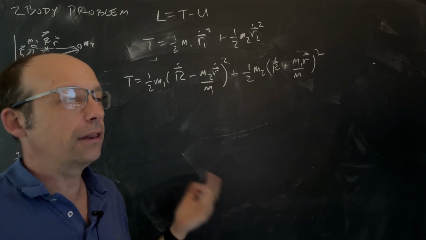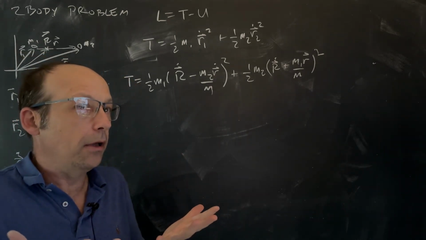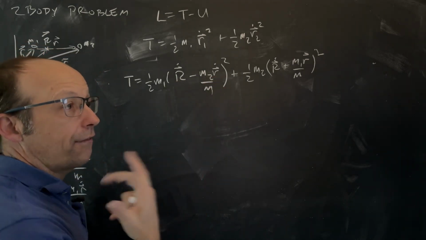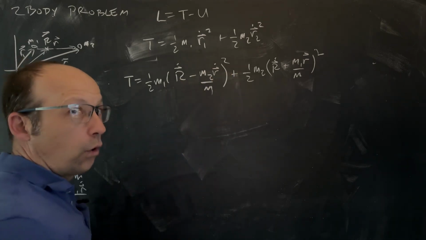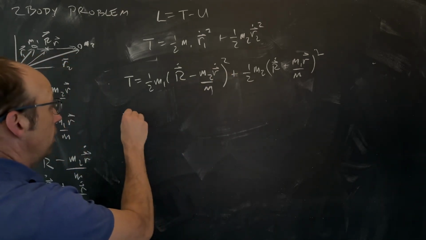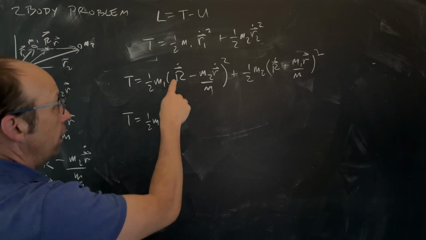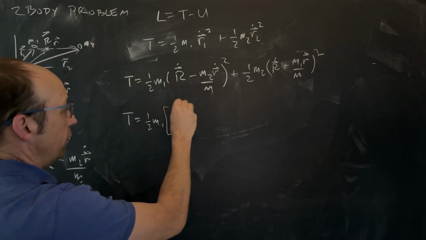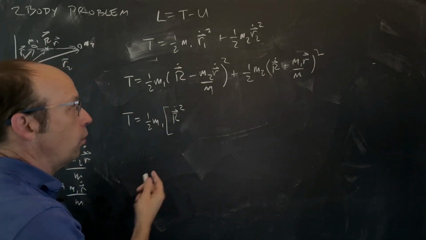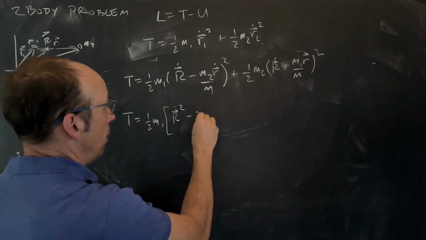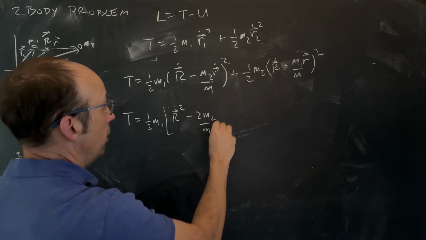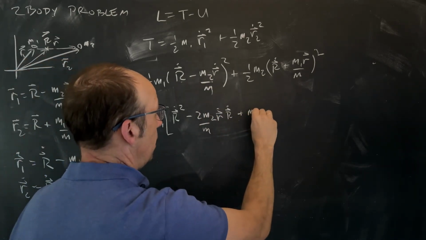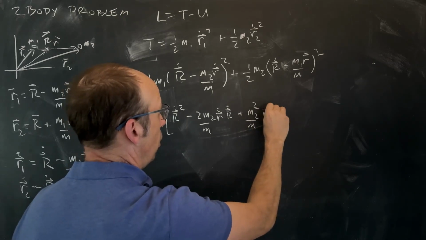Now we have to square these, and maybe this is something I'm going to skip, but you might want to take time to yourself and say, okay, if I wrote this as a Cartesian and that as a Cartesian, and then I found the magnitude and squared it, it's the same as foiling out this whole thing. So let's do that. T is 1/2 m1 times R dot squared, which is again the magnitude of R squared, and then I'm going to get two of these terms, minus 2 m2 over m R dot times r dot, and then I get that squared, plus m2 squared over m squared r dot squared.